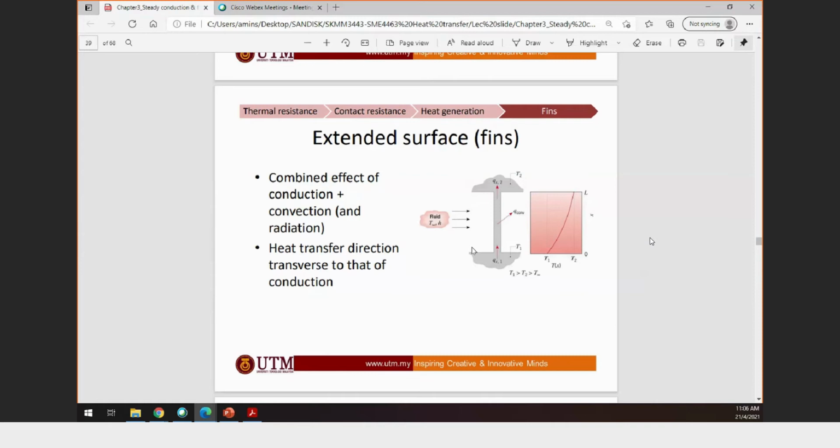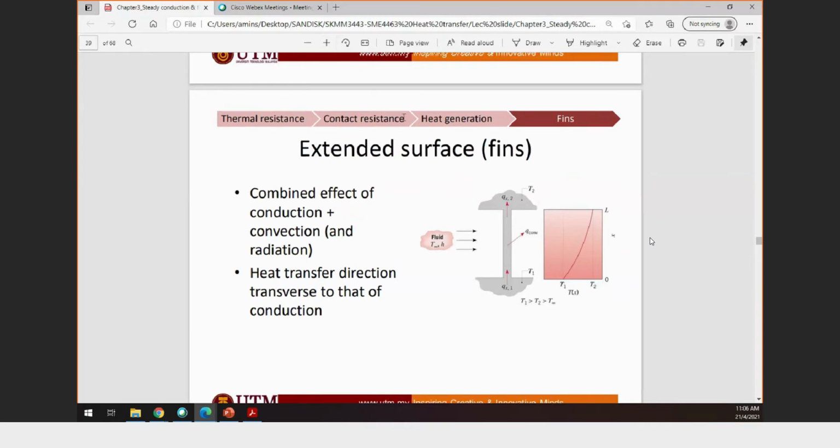So how can this component improve heat transfer? It is by having the effect of convection, which means the combined effect of conduction and convection. Imagine that this is the fin.